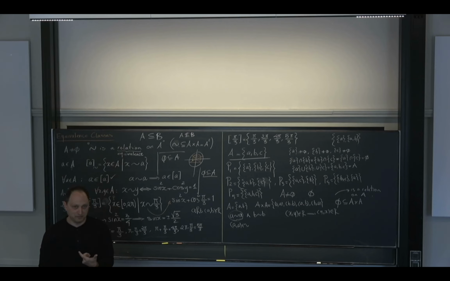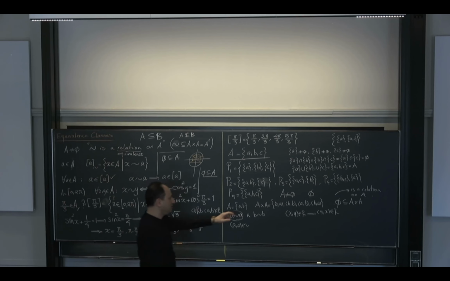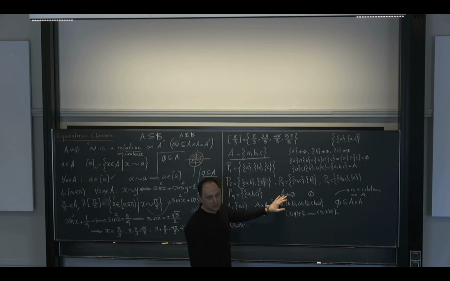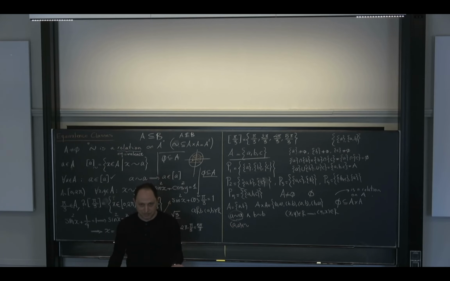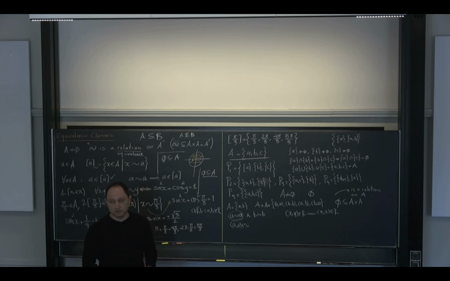Is that right? Okay, think about it. The empty set, if your original set is not empty, the empty set is not reflexive, but it is symmetric, and it is also transitive. But it is not an equivalence relation, because it is not reflexive. Yes?